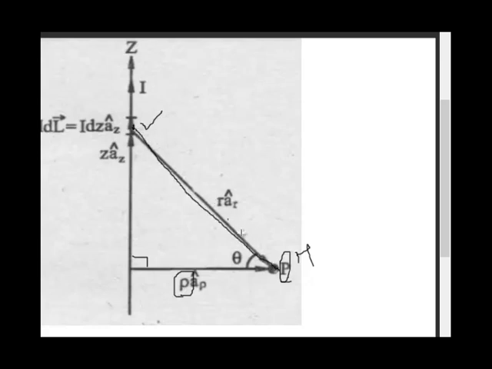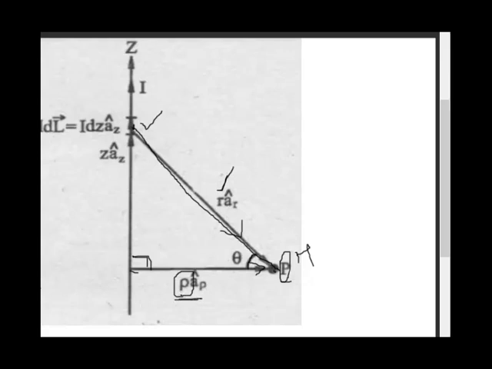The distance is the radial distance marked as R, and this direction is the radial direction, and the perpendicular from the point on the current filament is rho into a rho, where a rho is this direction from the source line to the field point, and this angle theta is the angle between the radial length and this rho.